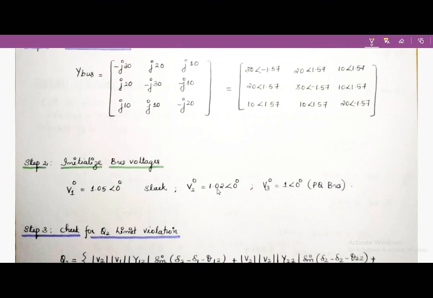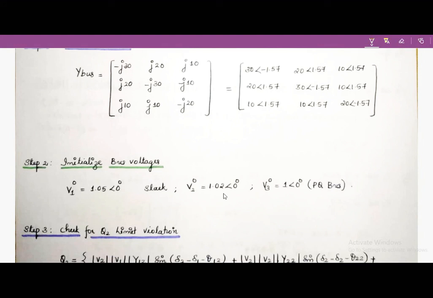Instead, I assumed the value given itself. It is 1.02 angle 0. And V3 is 1 angle 0 because the values are not given. We initialized the magnitude as 1 and its angle as 0.